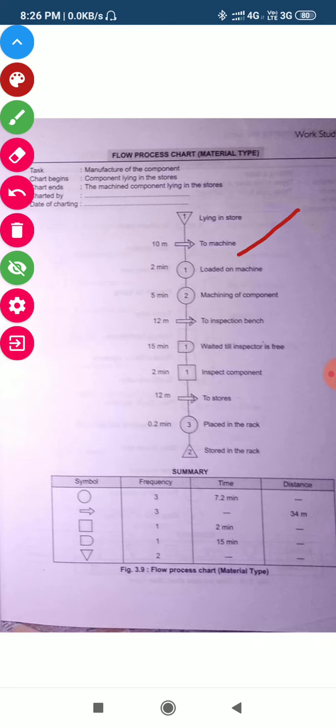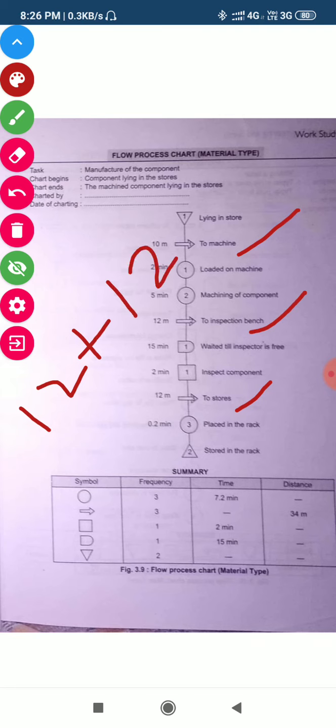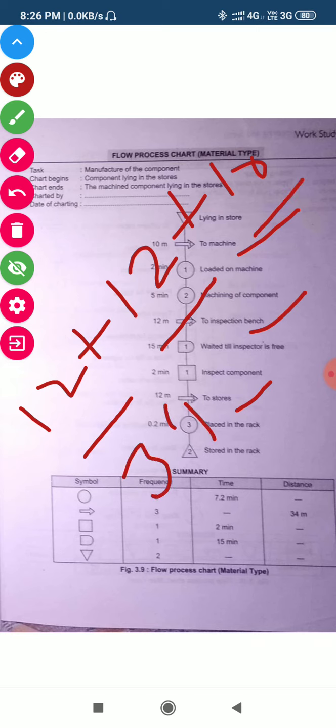Here to the machine 10 meters, here 12 meters to the inspection bench, and here 12 meters to the stores. So what we get: 12 plus 12 is 24, plus 10, that is equal to 34. So here the distance is 34 meters.